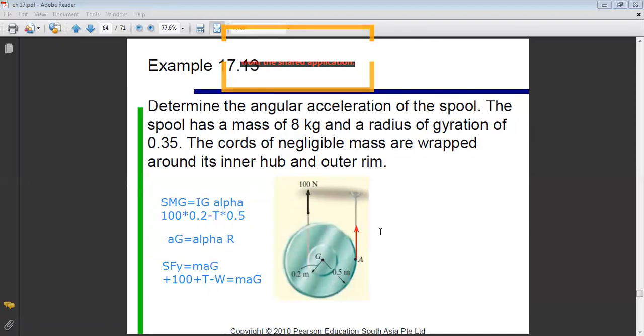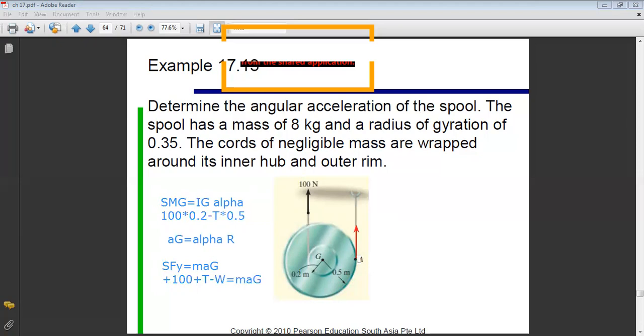So I obtained 3 equations with 3 unknowns, AG, T, and alpha. Okay? Now, how do you know the direction of AG? Yes, how do we know what? The direction of AG. Okay, because you have that 100 Newton force is upward, so it will pull your disc up. And how will be your rotation? Okay, you can do this analysis.